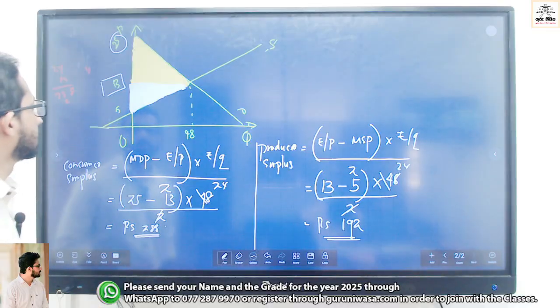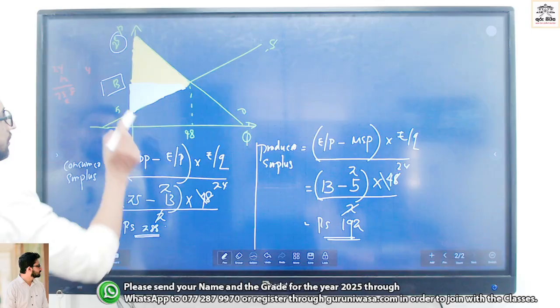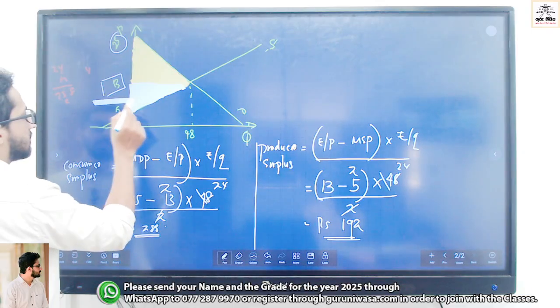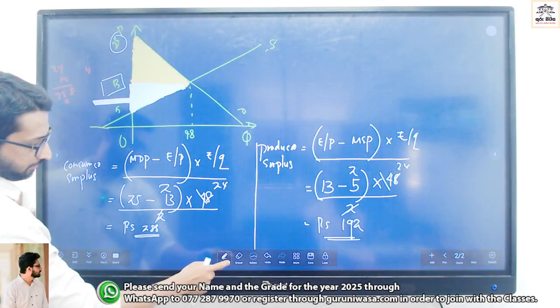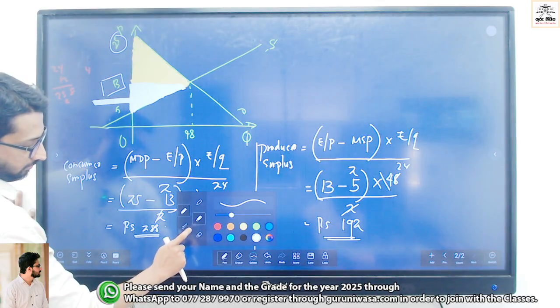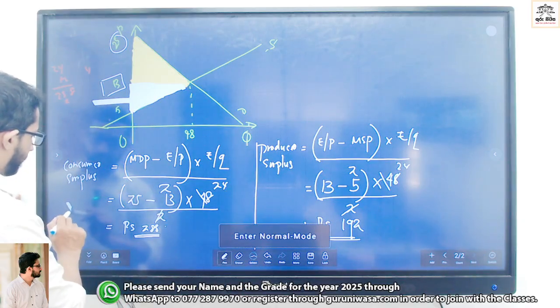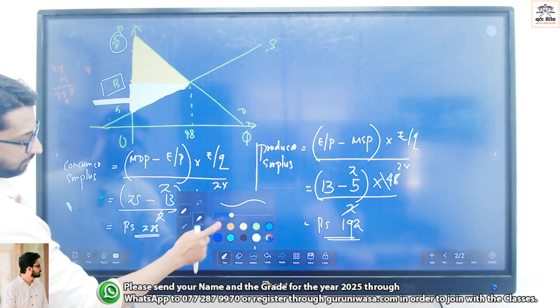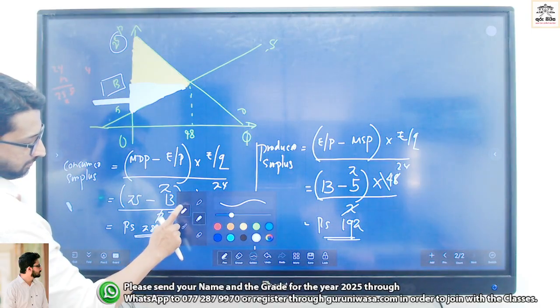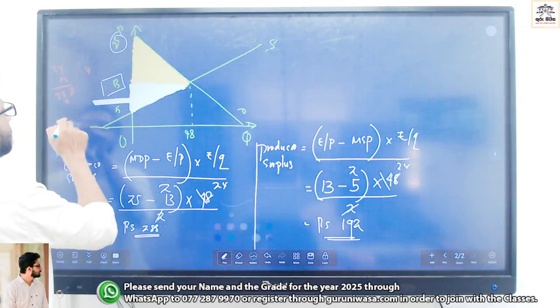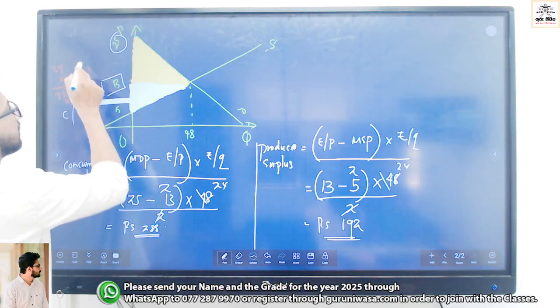Okay, Lama. This is consumer surplus and show them on a diagram.